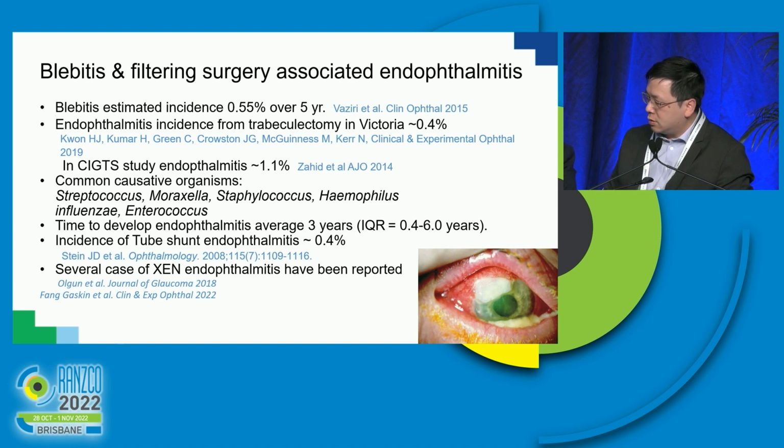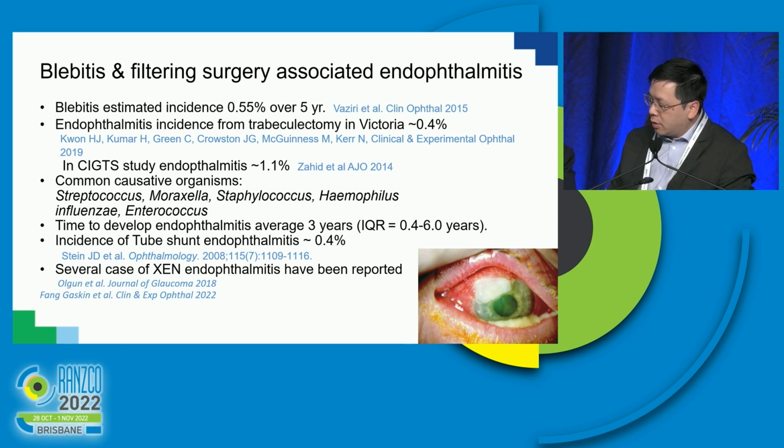And in the series that Penny was involved in publishing in Victoria, the endophthalmitis incidence in Victoria is around 0.4%. And in the CIGIS study, the percentage is around 1%.